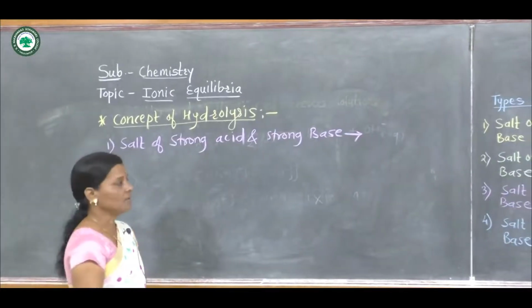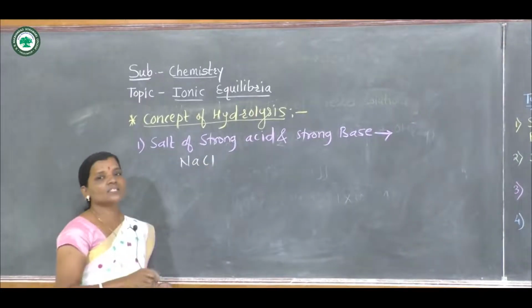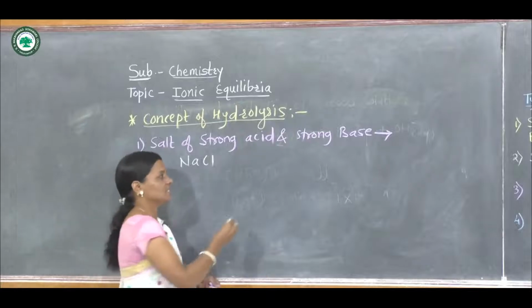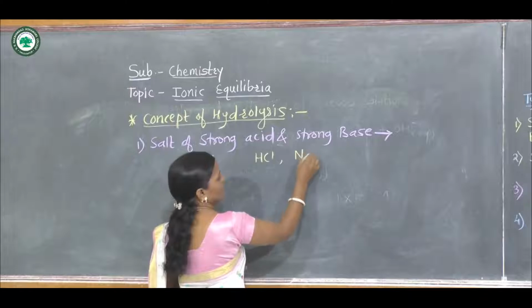Now for example, NaCl, that is the salt of strong acid HCl and strong base NaOH.